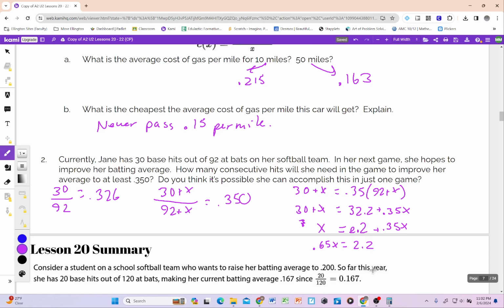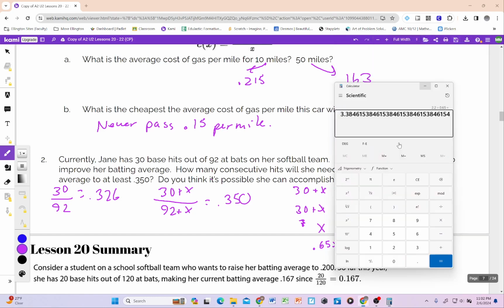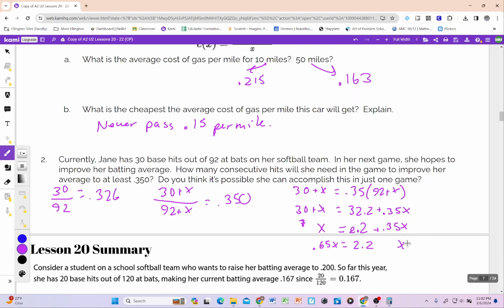So 2.2 divided by 0.65 is 3.38. So x is 3.38, so you can't reach it with 3, you're going to need 4 hits.